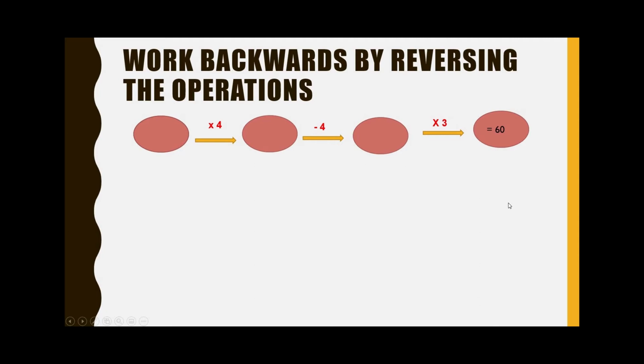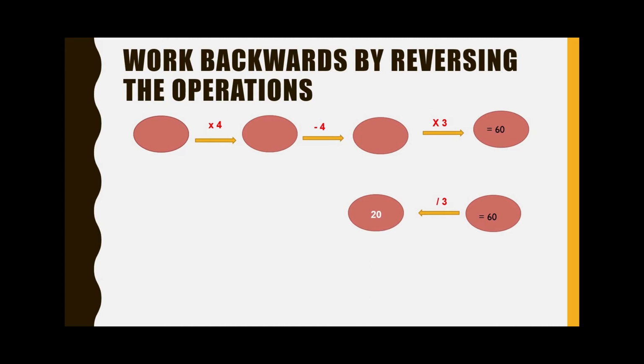For solving this problem, we need to move backward by changing plus to minus, minus to plus, multiply to division, and division to multiply. Answer is 60. I change multiply 3 to divided by 3. 60 divided by 3 equals 20.